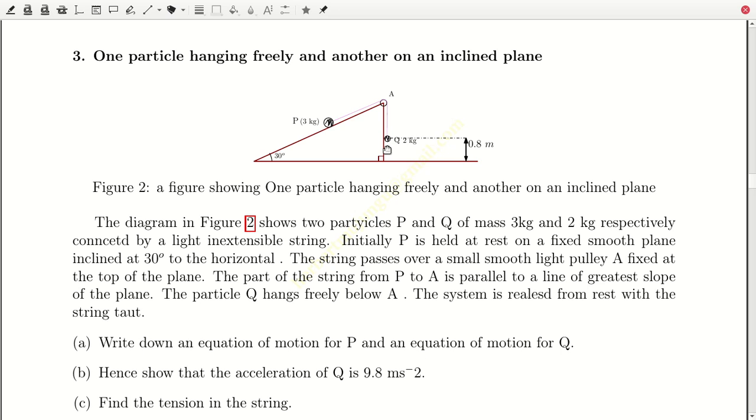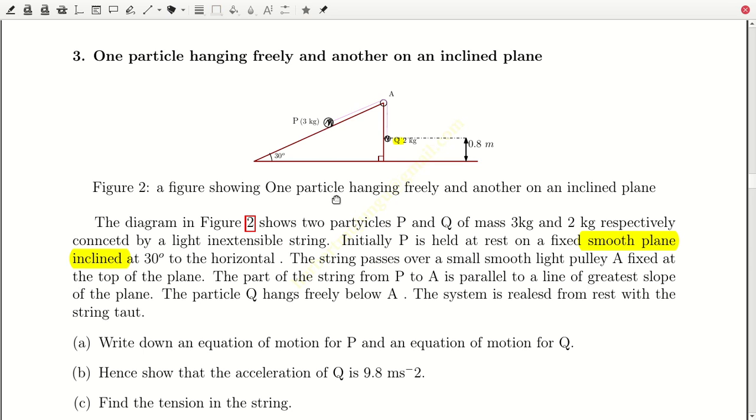We are going to assume this particle of 2 kilograms is not touching this vertical surface. As you can observe in this picture, the vertical surface should not have been there. Here they tell us whether the incline is smooth or rough. Here they have told us that it is smooth, so it means we shall ignore the frictional force.